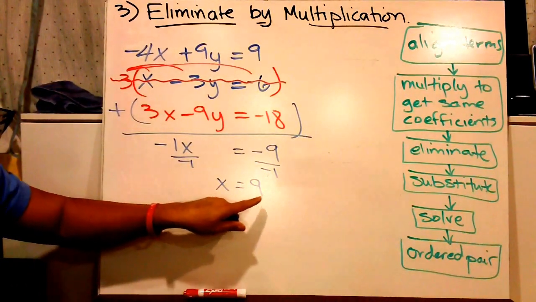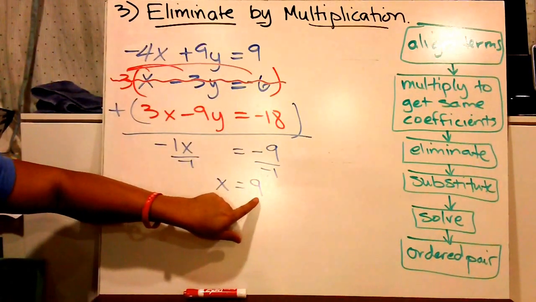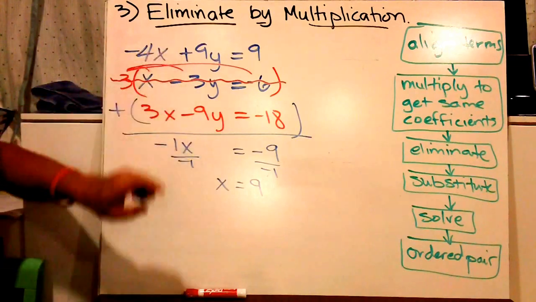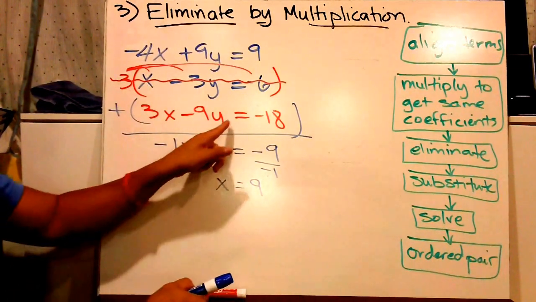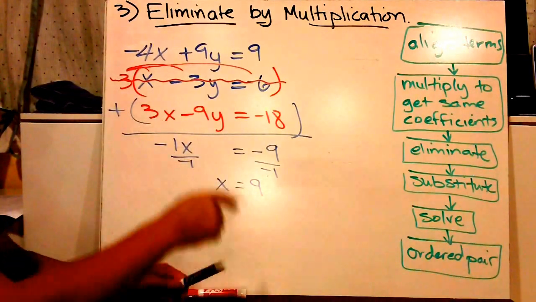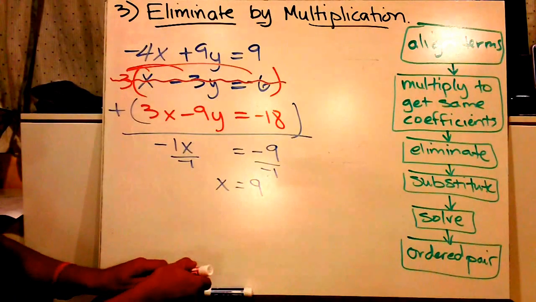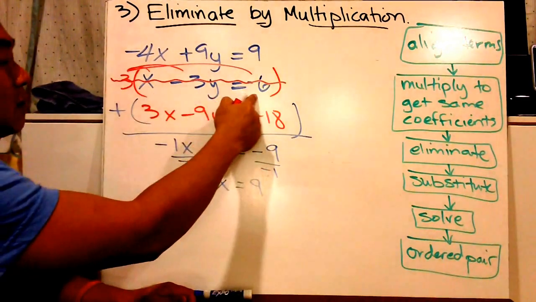So already we've gotten our x. And all we have to do now is plug this into any one of our equations. Let's put it back into this one, and then we can solve for y, and that makes it a lot easier. Any one, it really doesn't matter. So let's put it back into the original one.